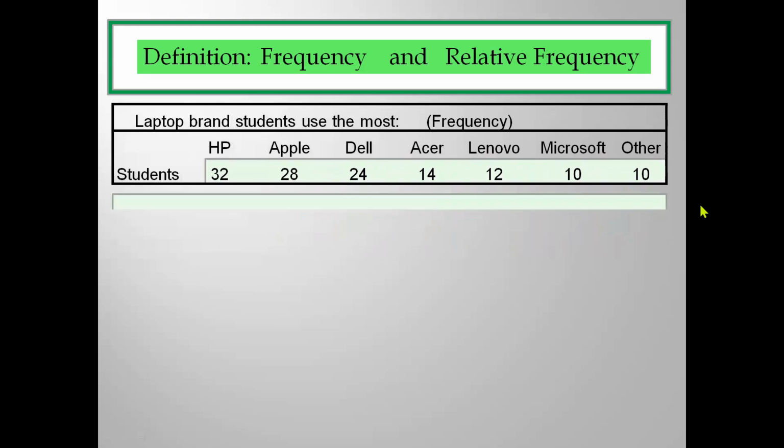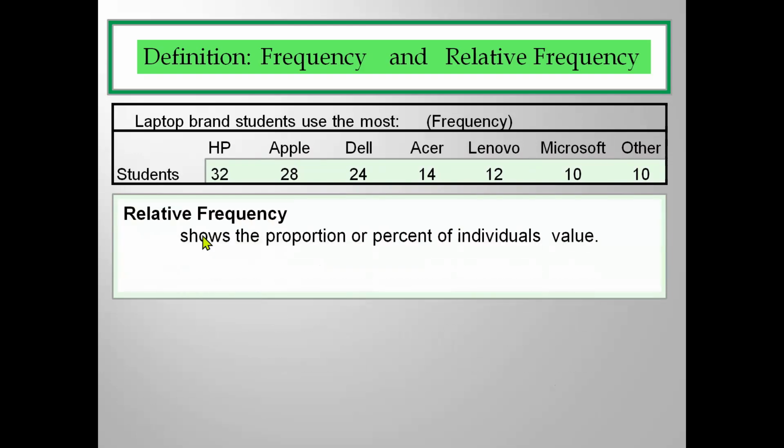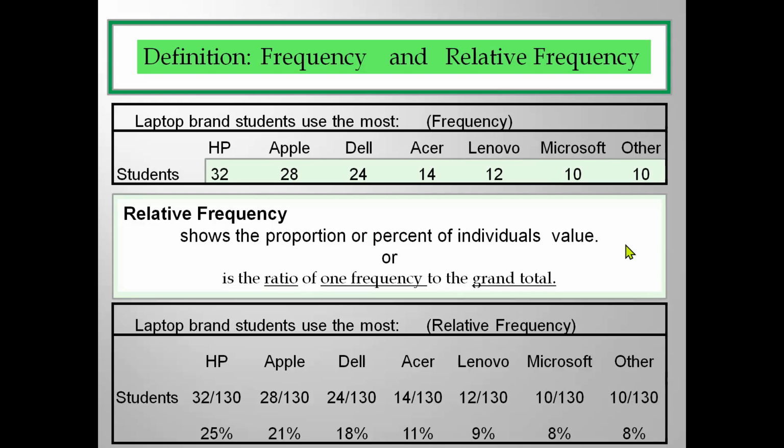We're going to now talk about relative frequency. Relative frequency shows the proportion or percent of individual values. An alternative definition is the ratio of one frequency over the total, because it primarily focuses on percents and proportions. So here, we've taken every one of the values and divided by the total.